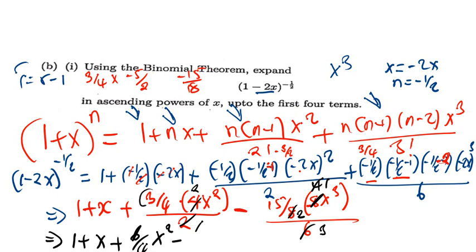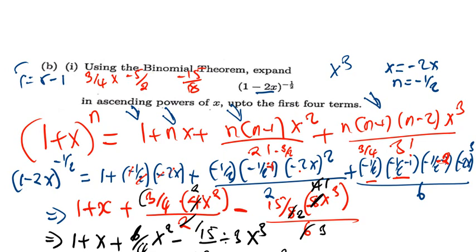Okay, we have 15 over 2, but again there is also 3 down here, so you are dividing again by 3. So again there's x to the power 3. So what we're going to have here is 1 plus x plus 2 into 6 is 3, 2 there 2, x squared. Then this one becomes 15 divided by 2 times 1 over 3, x to the power 3. 3 here 1, 3 here 5.